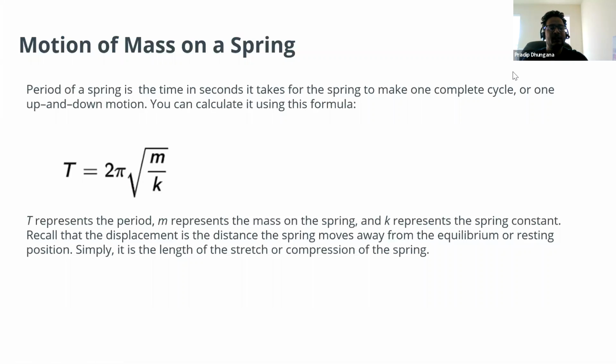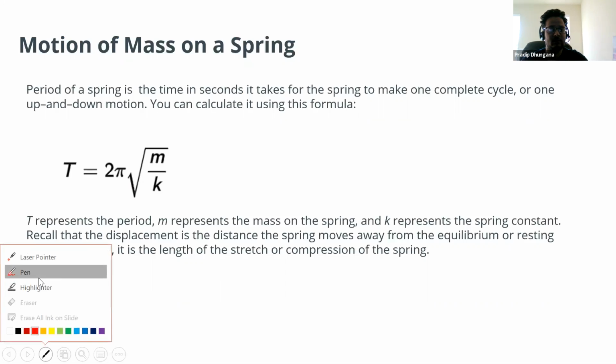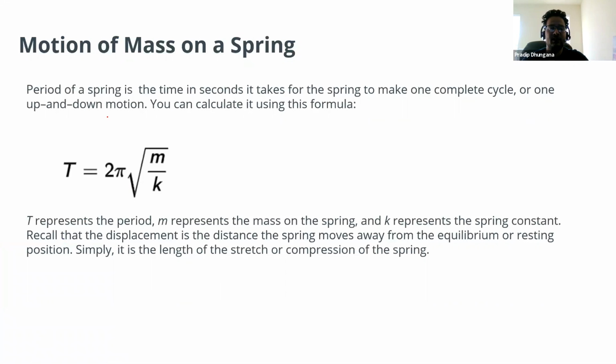Let's start with the time period of a mass on a spring. So as we know, the period of a spring is the time in seconds it takes for the spring to make one complete cycle. And then if we have a mass on the spring, at that time we can use this formula to calculate the time period, or simply period.